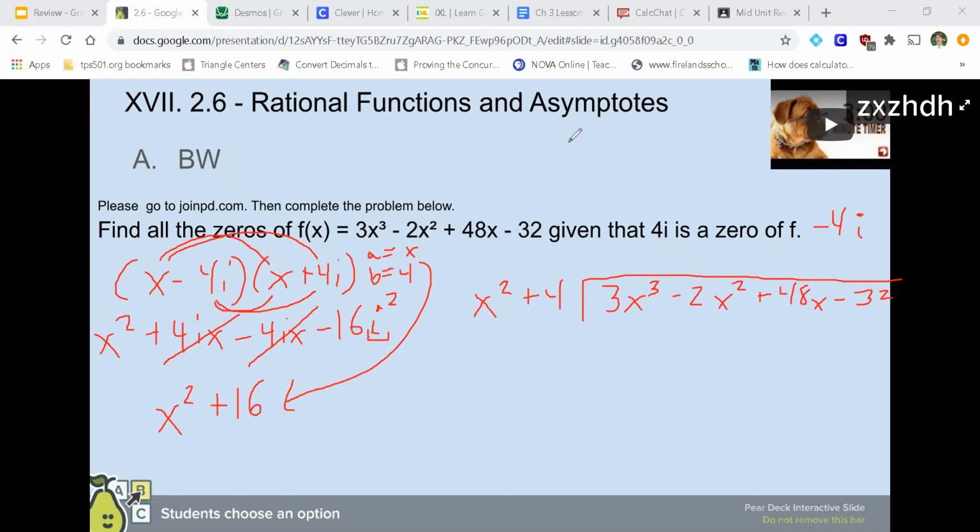If it helps you when you're doing this long division to think the denominator is this, you can. Those are the same thing, x squared plus 16 and x squared plus 0x plus 16.